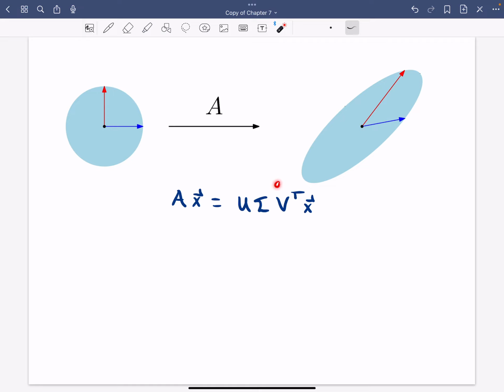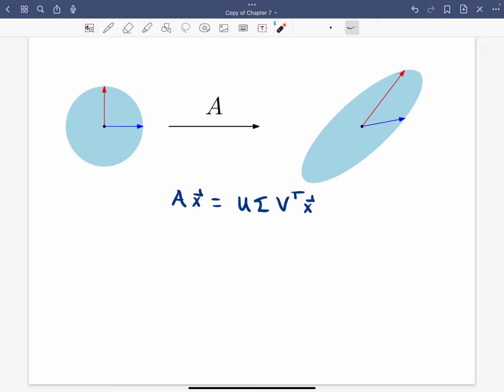The first step is I multiply x by the matrix V transpose, which acts on x and changes it in some way. Then I multiply the resulting vector by sigma, and that changes the vector even further. And finally I multiply the resulting vector by U, and that does something else to the vector. So we can think of the linear transformation defined by A as being broken up into three steps, and each step is determined by one piece of the singular value decomposition.